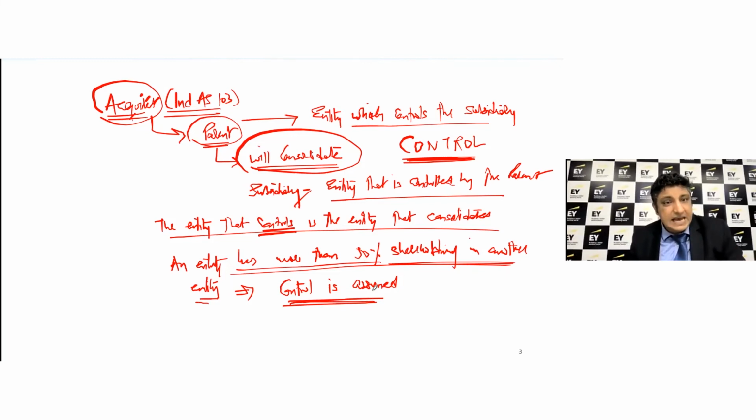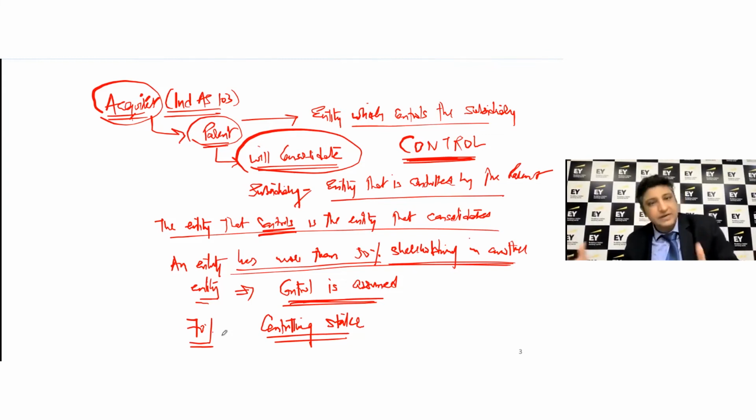Okay, in your examination, you will be seeing a lot many times a term called controlling stake. They may say there is a 70% controlling stake that X has got over Y. It means X is the parent entity because it controls. And because it controls, it will consolidate Y. All right. So that is something that you want to pick up here as a part of this particular conversation.